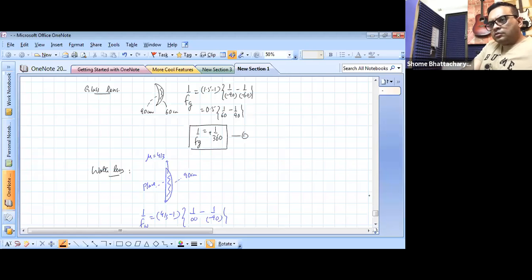Okay, people, so hope the values are correct. You can see that the water is in contact with the glass here, like this. If this is the glass, then this is the water. So this in between one is 90 centimeters. This one is 60 centimeters. And this one is a plane surface. So that's why when we are considering the water lens, we have 90 centimeters on one side and the plane surface on the other side.